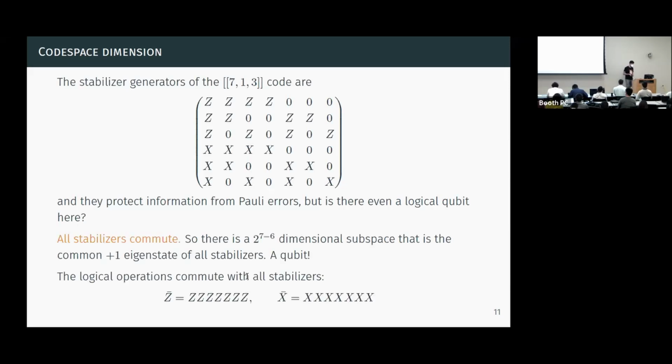I think it's not trivial because the logical operators here seem to have weight 7, but if you multiply these logical operators with some of the stabilizer generators, then the weight reduces, and those are also logical operations. So if I take a ZZZ and multiply it with this all-Z string, I would still have a logical operation. I hope I'm saying this right.